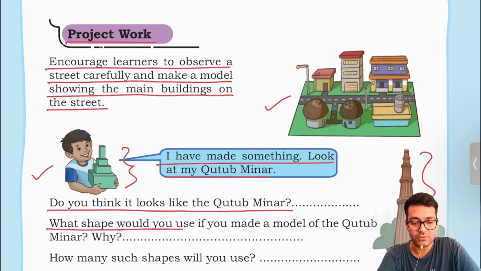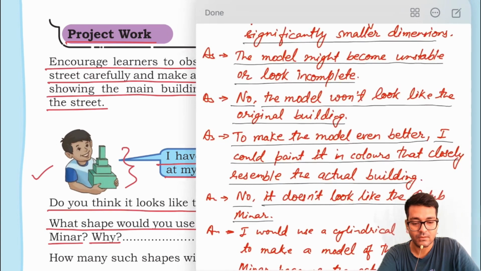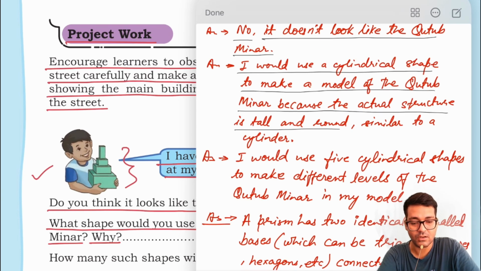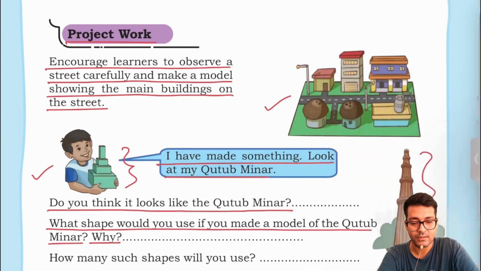What shape would you use if you made a model of the Qutub Minar? Why? Answer. I would use a cylindrical shape to make a model of the Qutub Minar because the actual structure is tall and round, similar to a cylinder. You can see it here.